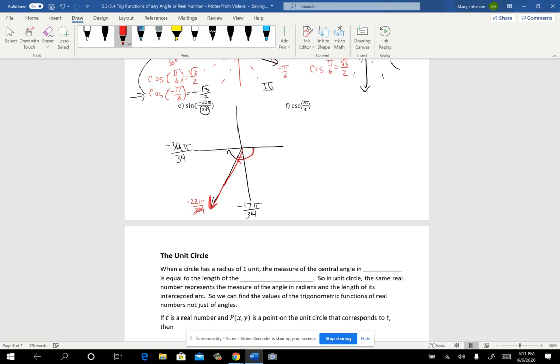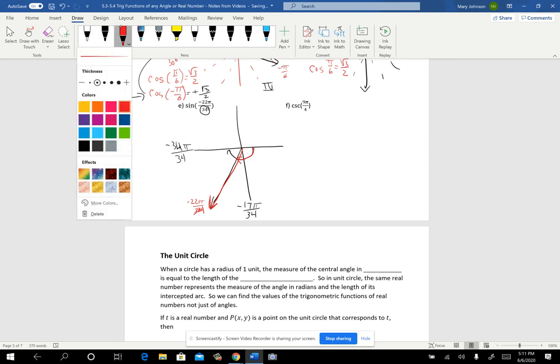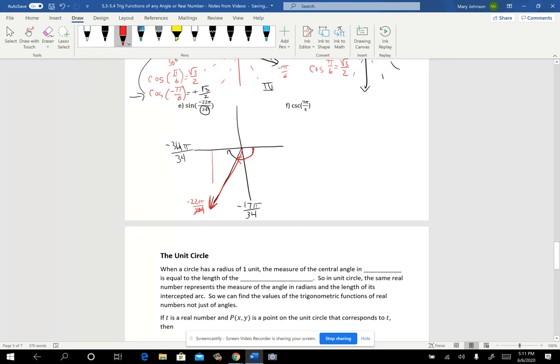Okay, so what I want is the reference angle for that. So if I did that, I would be looking for what this is right here. Just let me erase that little black mark there. I want just this angle, and that angle would be from 22 to 34. So let me see, 34 minus 22.